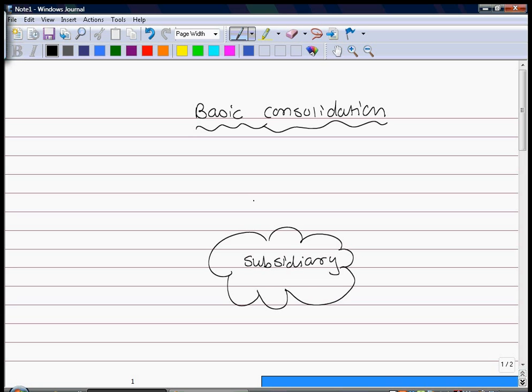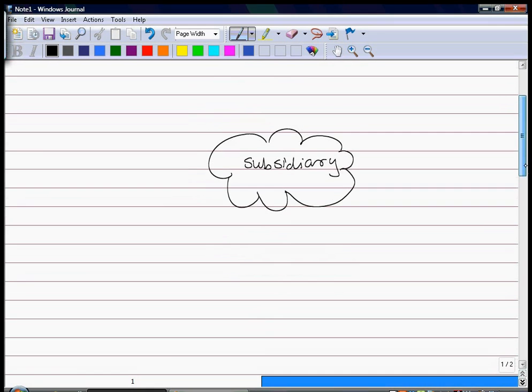So two concepts we want to look at: subsidiary and associate. Let's start with the subsidiary. Let's first talk about the concept of group. What is group?